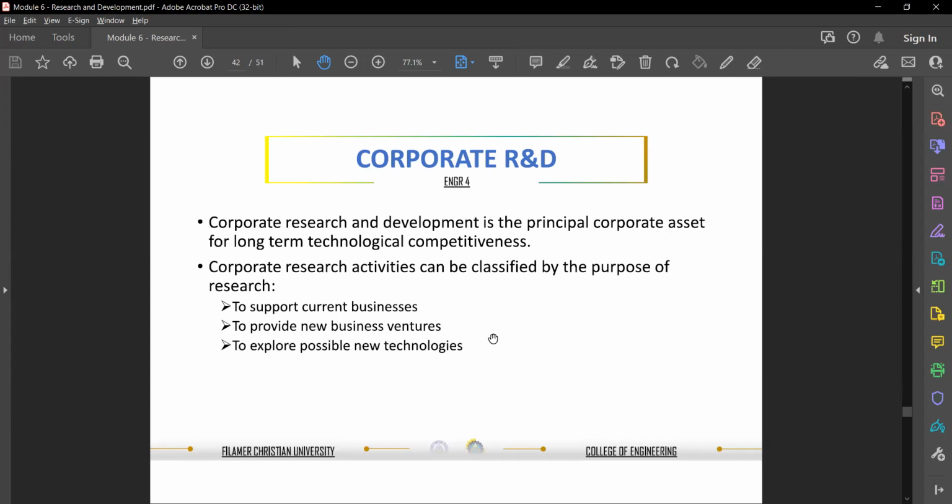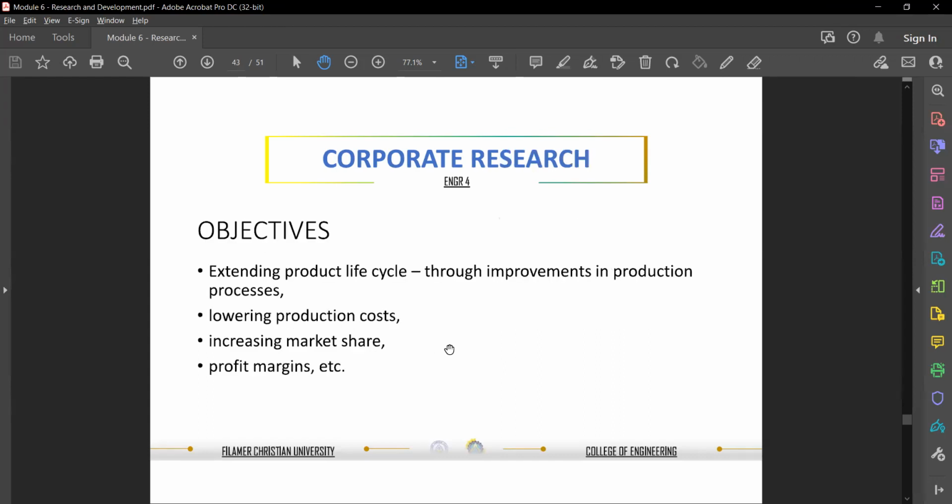So, sa mga startup companies. And to explore possible new technologies. So, they partnered some existing industry na makapag-develop ng bagong technology. So, yung objective naman nila is to extend product life cycle through improvements in production processes. Then, lowering production cost, increasing market share, profit margins, and iba pa, etc.